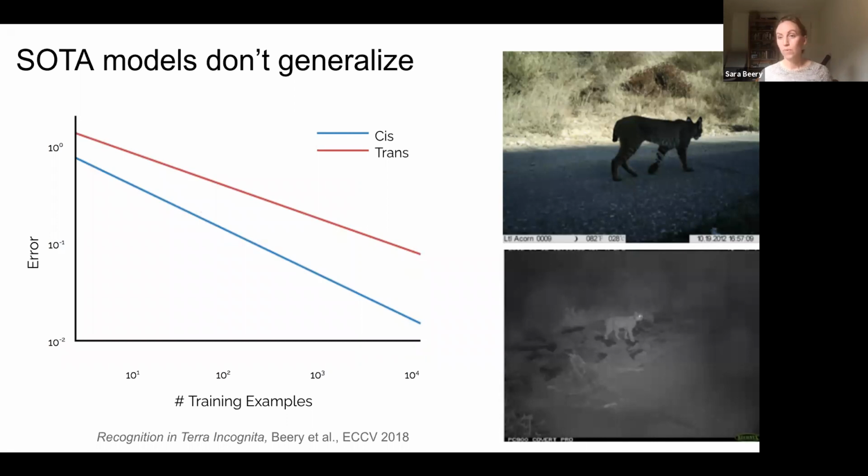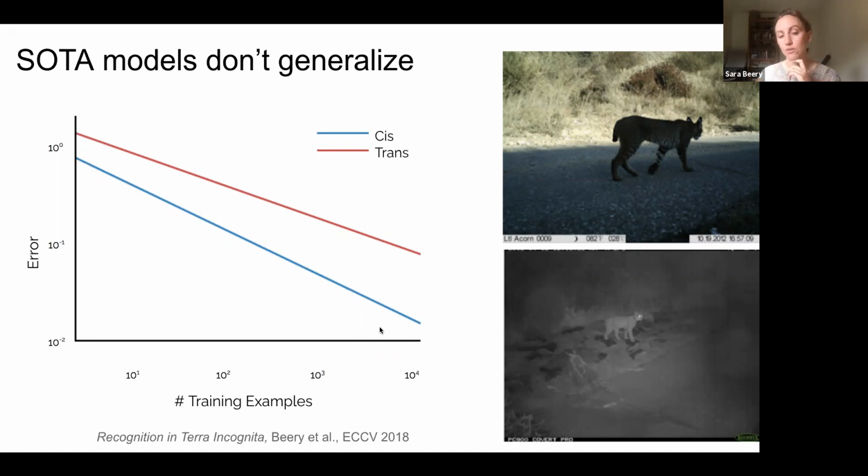So, for example, you can train a machine learning model, and it will perform quite well on the camera traps that you've actually trained the model on. And what you see there, that's the error. This blue is the error curve there.